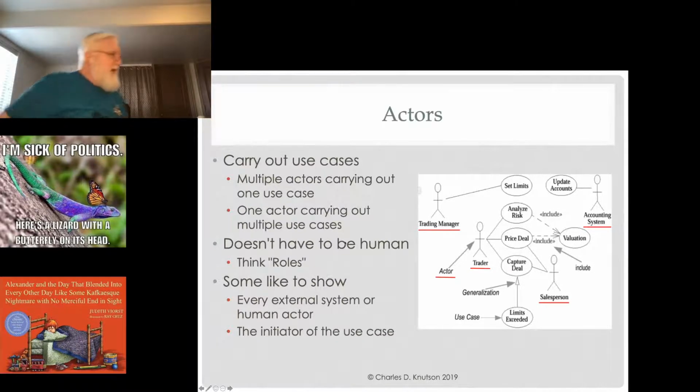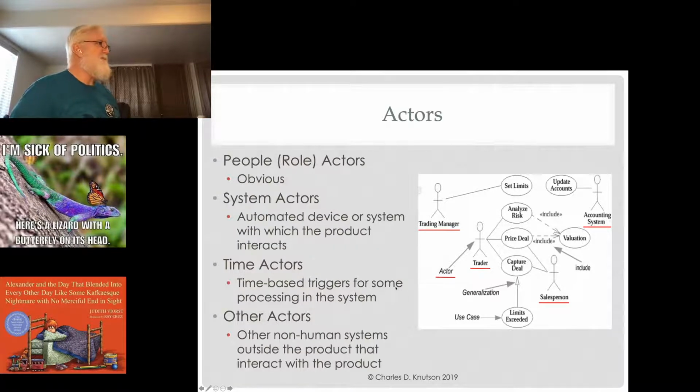Some people like to show all the external systems or human actors, who's the initiator of the use case. This depends on whether that's valuable to you. In terms of the actors, there can be people, that's pretty obvious, but there can be systems, right? Some other device or automated, whatever. Time actors, which are time-based triggers for something to happen. And then just other actors.